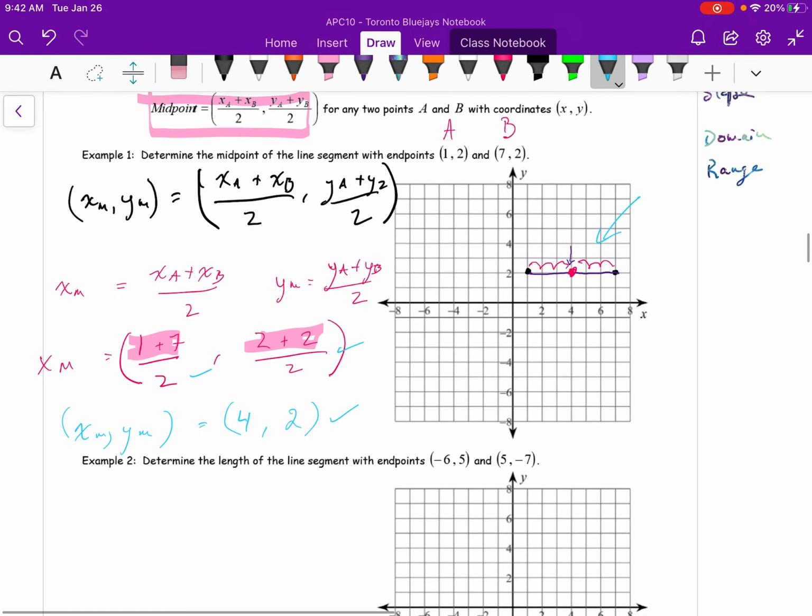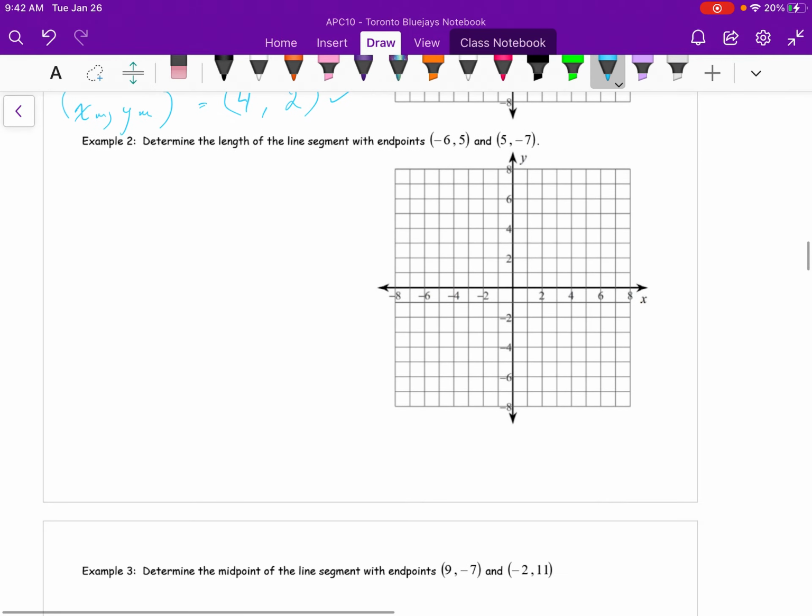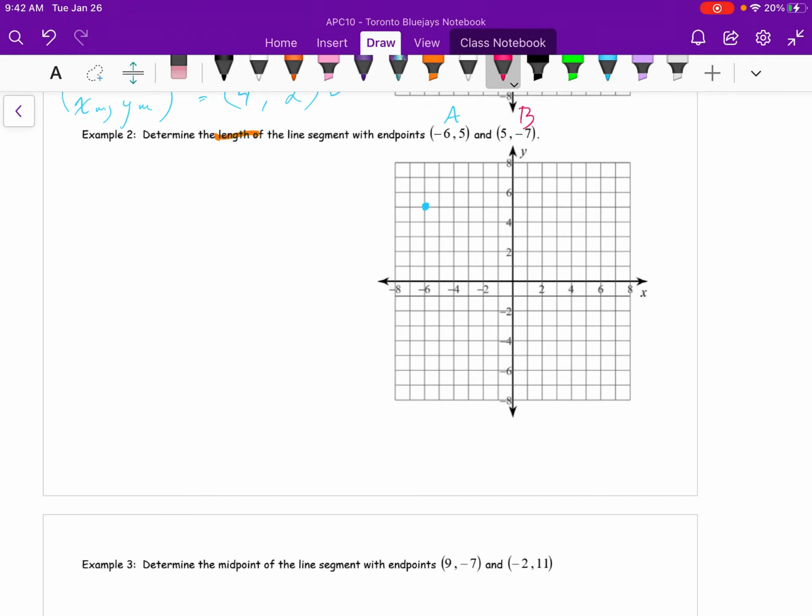So what we're going to do now is determine the length of the line segment. It's the length of the line segment with points -6, 5. There's my point. I'm just going to call this A. B will be this point: B is 5, negative 7.